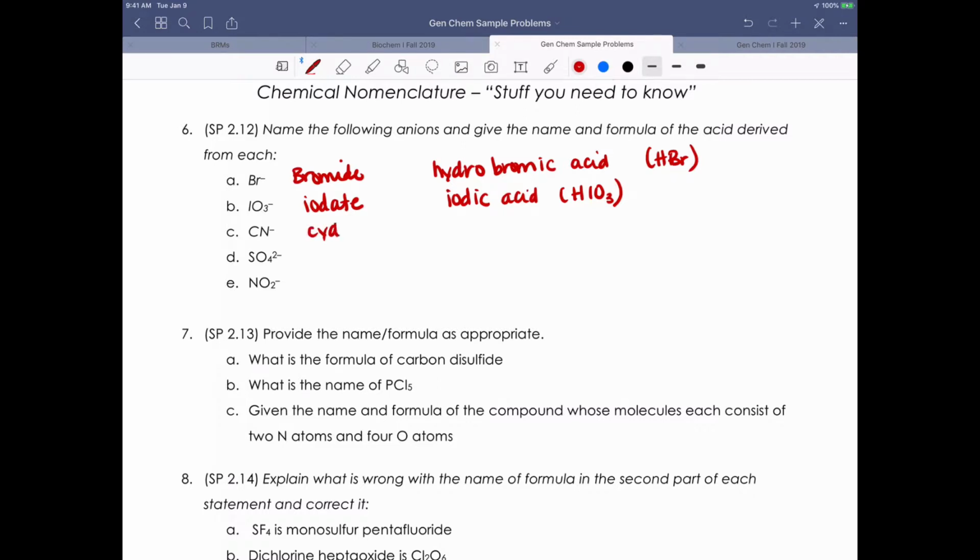This is cyanate. For our next example, this anion, it's a polyatomic anion, is called cyanide.